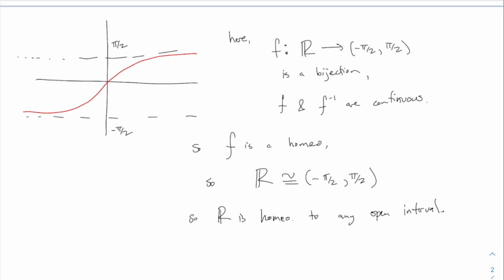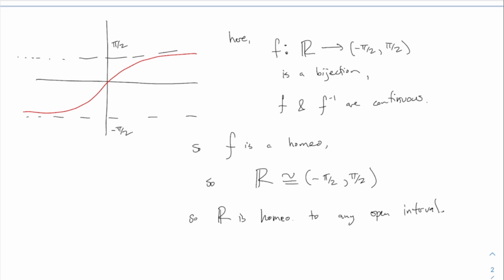Yes? Is this the same as, like in real analysis, saying the cardinality is the same? Not quite the same, although this is a good thing to think about. It is true though that R and this have the same cardinality, but just because they have the same cardinality does not necessarily mean they're homeomorphic. In order to have the same cardinality, all you need is a bijection.